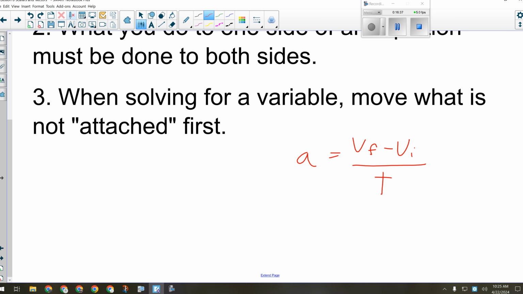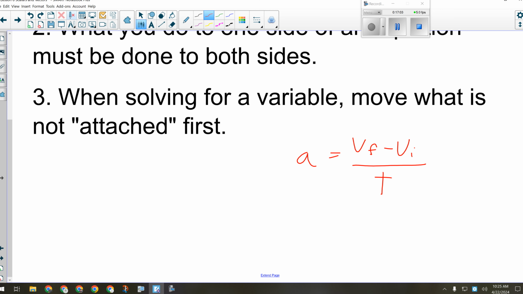There's no direct operation between VF and t right now. There is a direct operation between VF and VI. I'm subtracting VI from VF. That means that they are, in fact, attached. If I had two numbers right beside each other and I was multiplying them, they would be attached. But right now, t is separate, not attached to VF. So it would be the first thing that I would move.